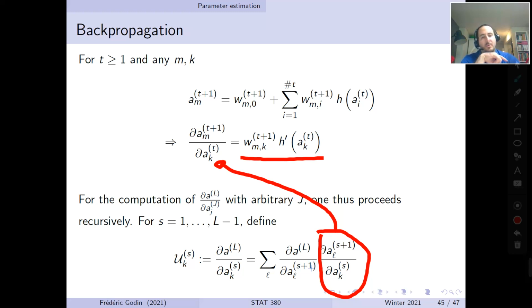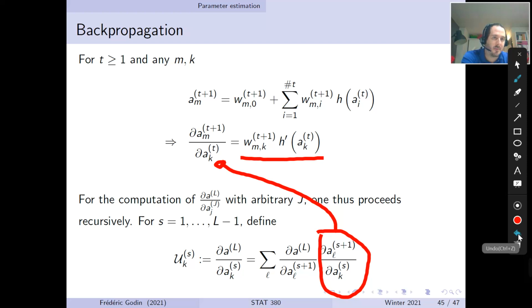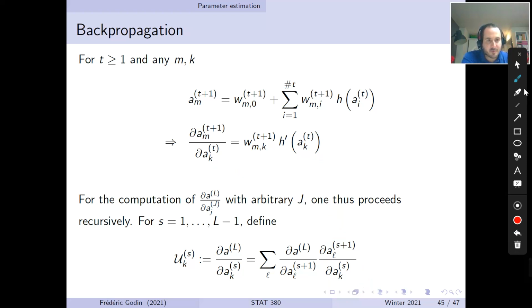And then to compute those, you can simply compute the derivatives with respect to s plus 2, and if you continue like this, s plus 3, s plus 4, until eventually you reach L, and in this case you've won because all these quantities you were able to compute. Maybe that was a bit quick, but let's continue illustrating this.